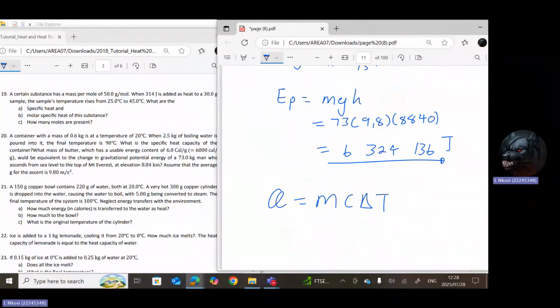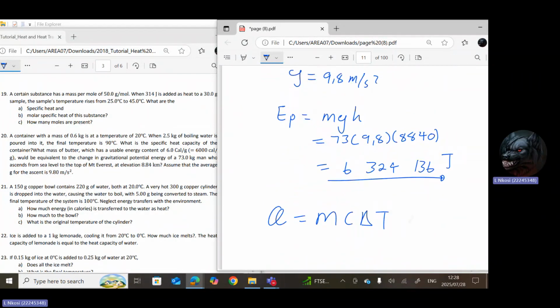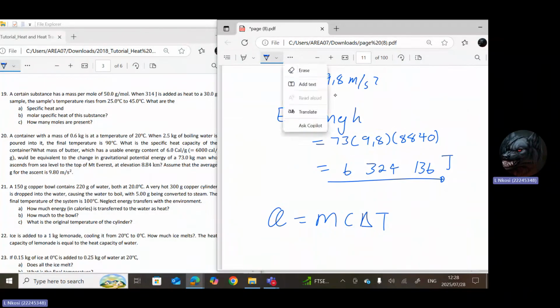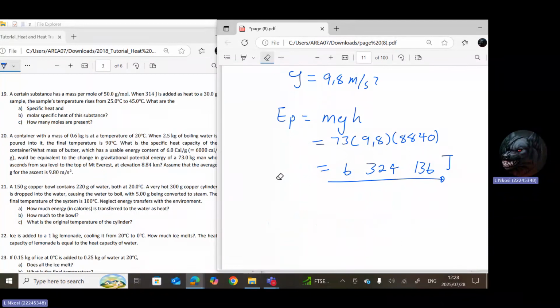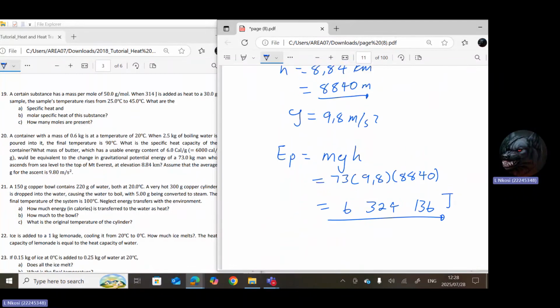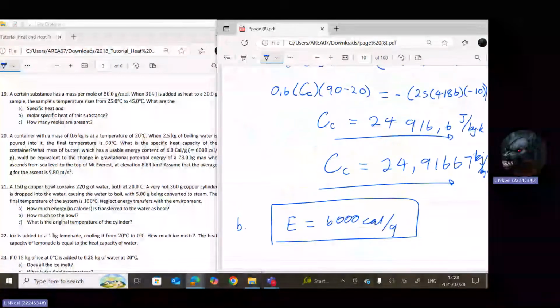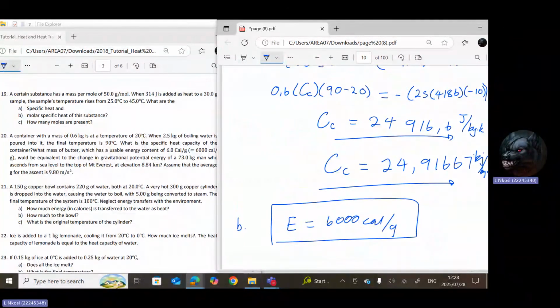Let's convert it to calories per kilogram. Now we have to compare two energies. So I think we're dividing one by the other to see how much mass would sustain this amount of energy. So let's convert to joules.